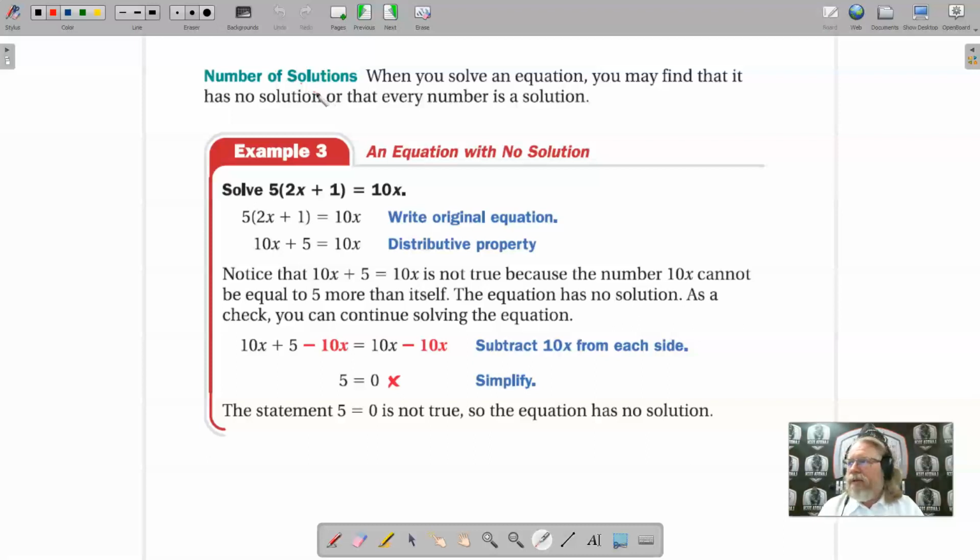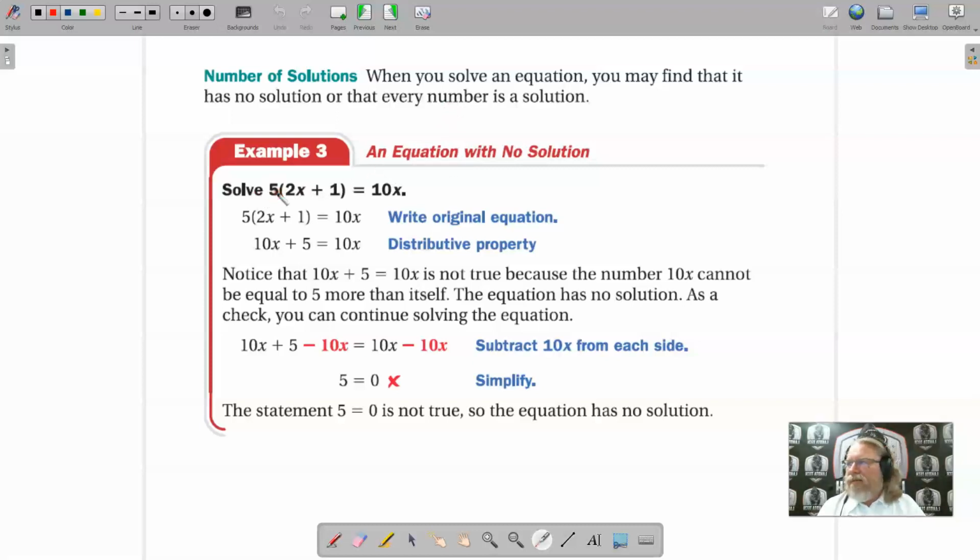Let's see what that's all about. So number of solutions: when you solve an equation, you may find that it has no solution or that every number is a solution. If every number is a solution, that means you have an infinite number of possibilities for a solution. So an equation with no solution, let's see what that looks like.